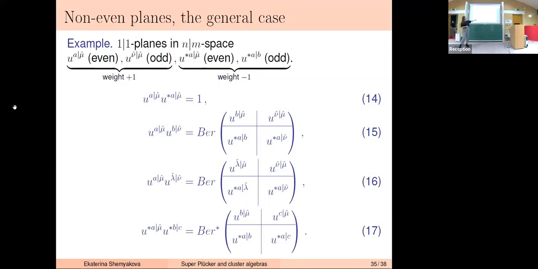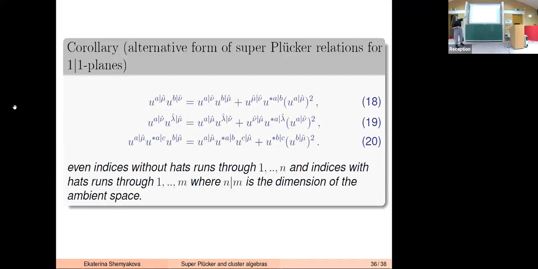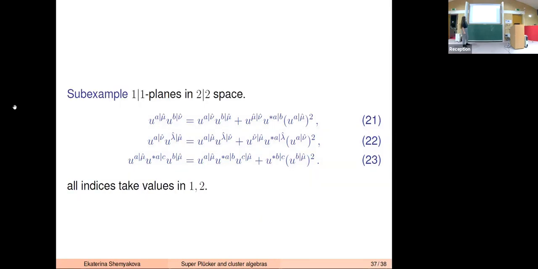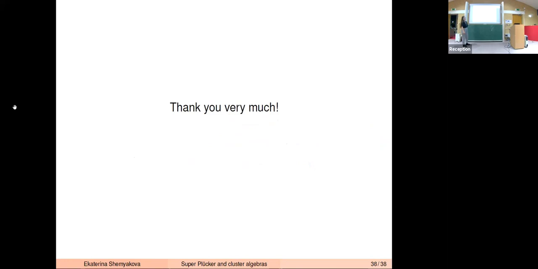You need to know what the Grassmannian is, but if you don't want to, just look at this one. Here we already have a different kind of relations, and you can see it's already nonlinear, but we didn't do anything with them. It's still work in progress.